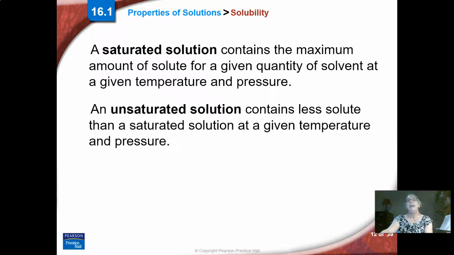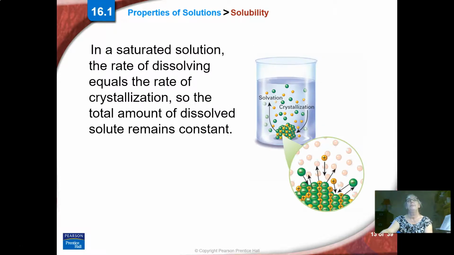So how do we talk about solubility? We can talk about something being saturated when you have the maximum amount of solute dissolved in your solvent for that temperature and pressure. Unsaturated is a weaker solution. It doesn't have the maximum amount in there. So, saturated, unsaturated. What happens is you put your salt in water, and the water is attracted to the pluses and minuses.